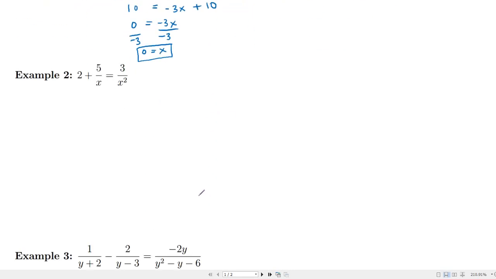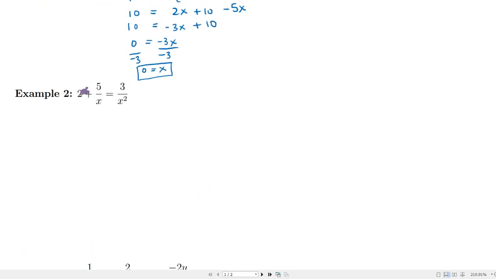Continuing on, so our next example, first factor. Everything's already factored, so what is the least common denominator? The 2 is missing a denominator of x and another x, so it's missing an x squared. This is just missing x, and this is already x squared. So the least common denominator is x squared.